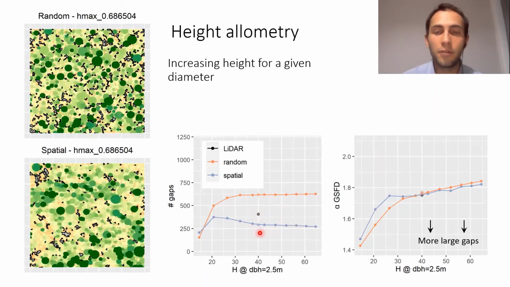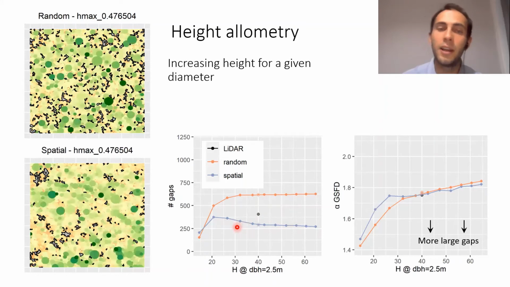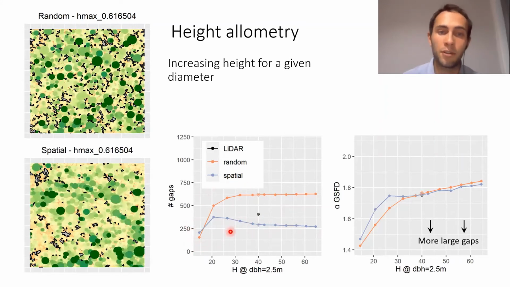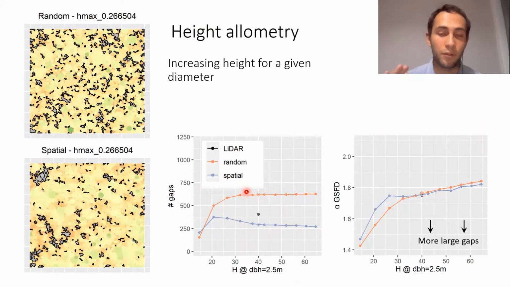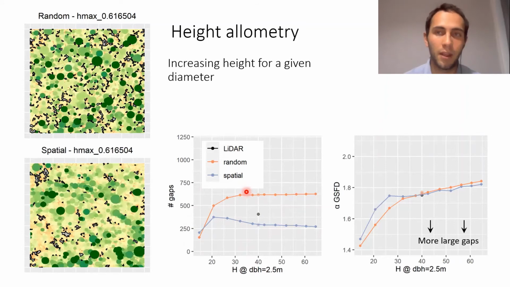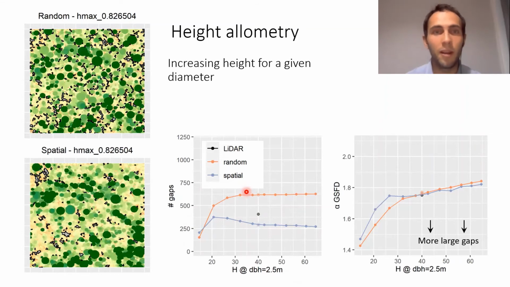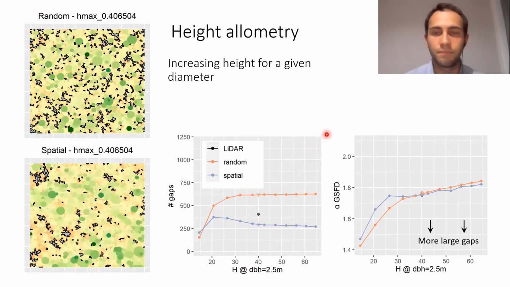And so if you increase the height of the trees, not much happens. And if you decrease the height of the trees, not much happens either, except when you get to this range. And this is because lots of the trees are now below our cutoff height, which we've defined as 10 meters. So it's kind of a trivial point, but important to know that tree height alone doesn't make much difference.